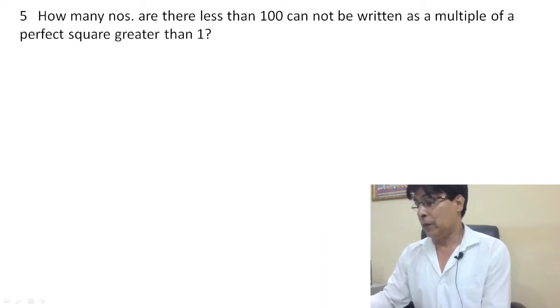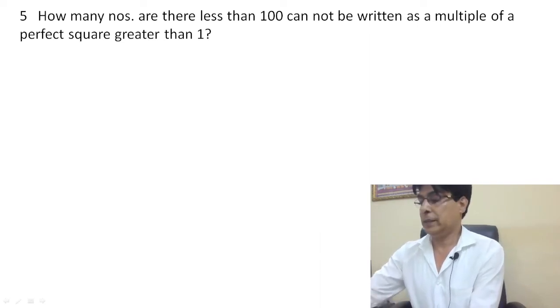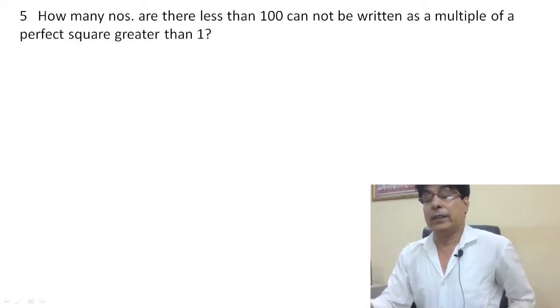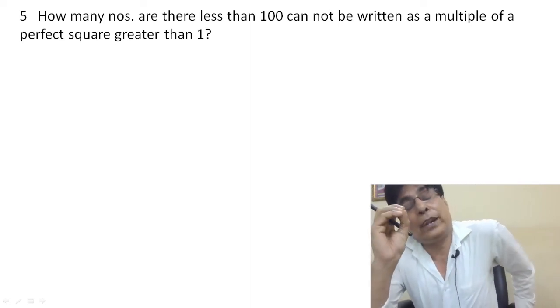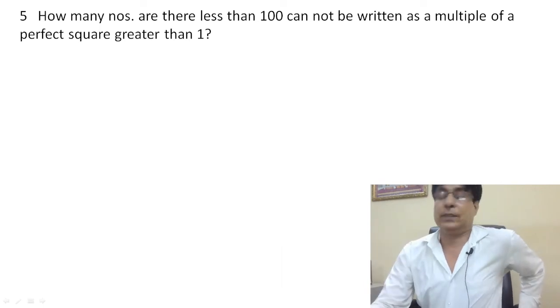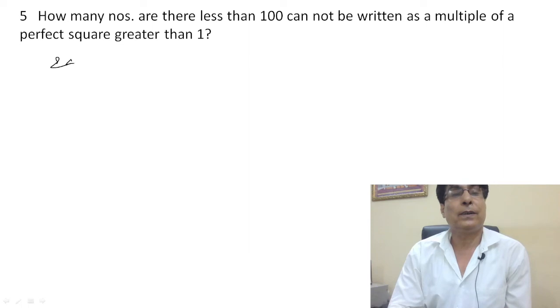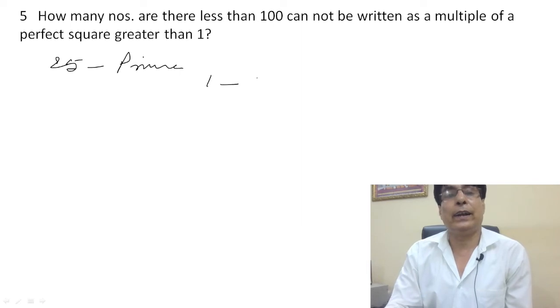As you know, there are 25 prime numbers between 1 and 100.